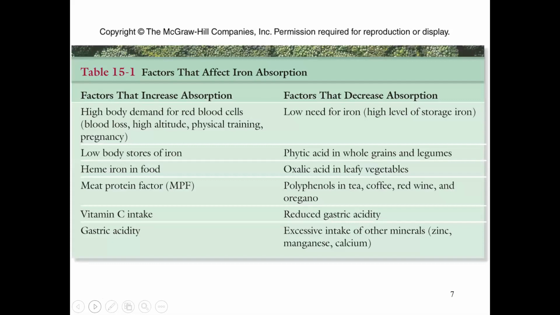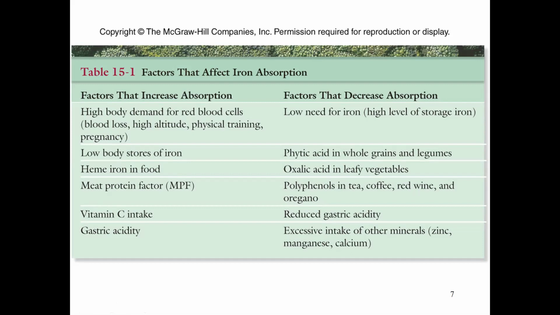This is a table from your book. Iron is one of those trace minerals that its absorption is tightly regulated, and a lot of different things impact it. So things that increase absorption, so make it more likely that those intestinal cells can capture and absorb the iron and get it into your blood system.